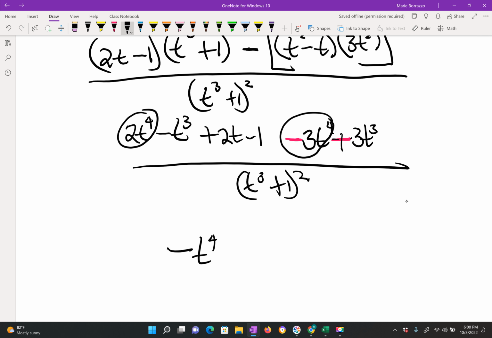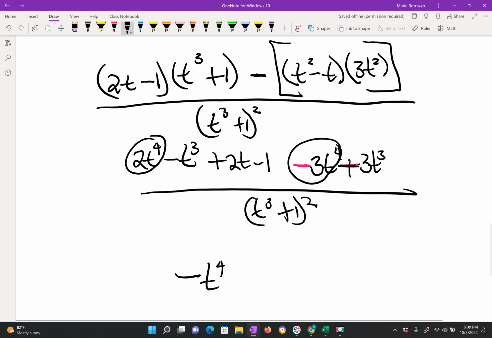This actually should be positive, because that's negative. Remember, we're distributing this times the negative, and so you have a double negative coming up here. That's why this is positive. This is going to give you positive 2t cubed plus 2t minus 1.